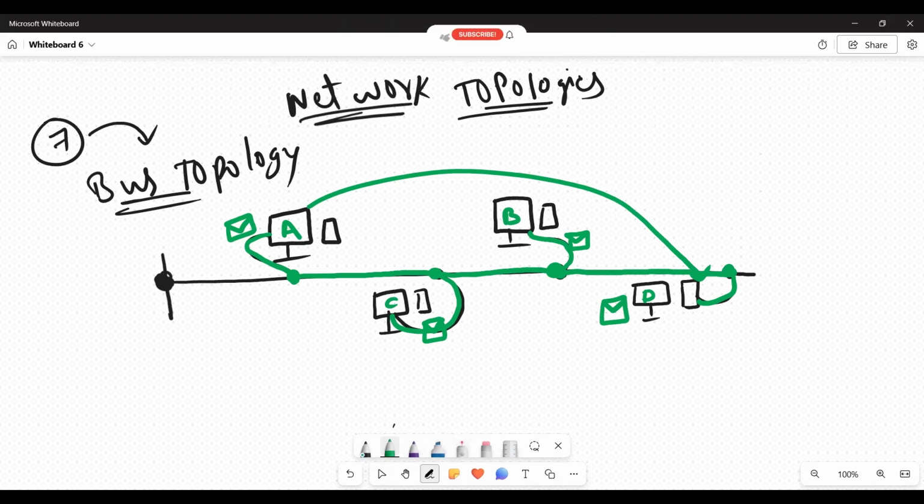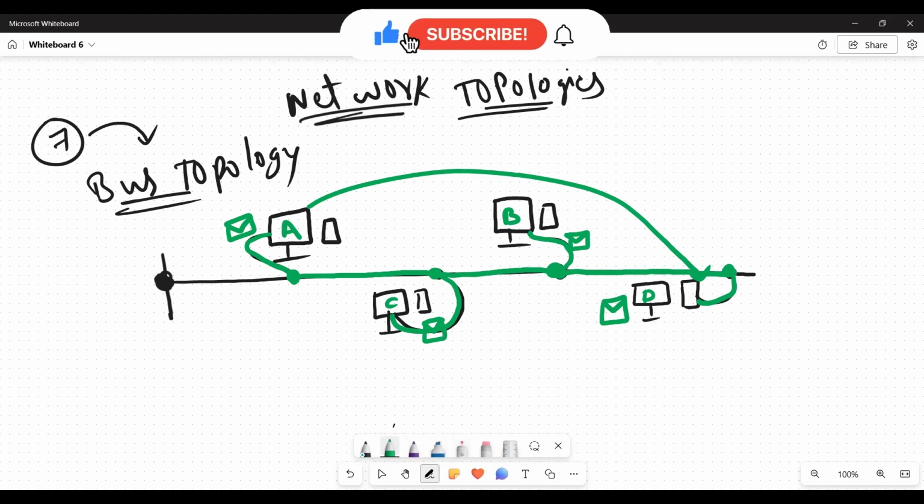Like that, they will send the data by using bus topology. When you send the data from one point to another point, it goes in one direction itself, and it will ask whichever devices are connected between those two endpoints. Okay, this is how bus topology works.